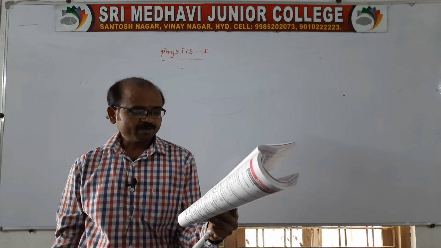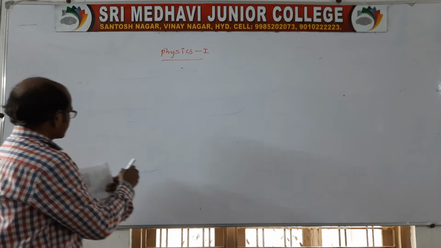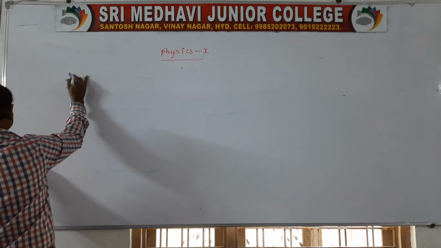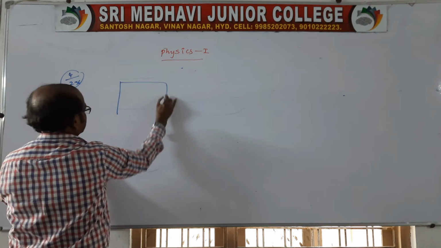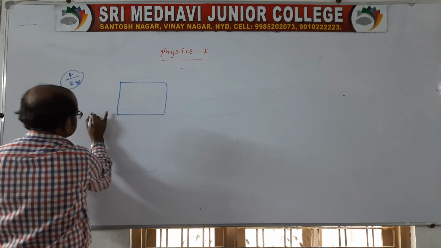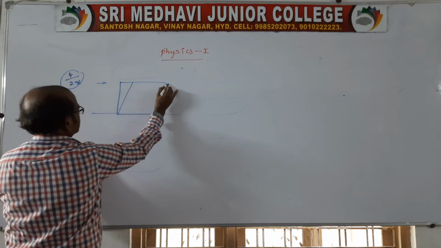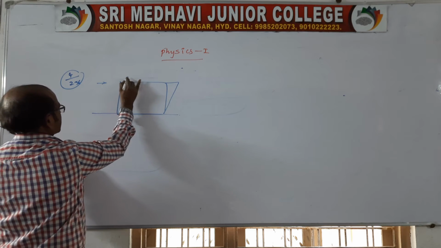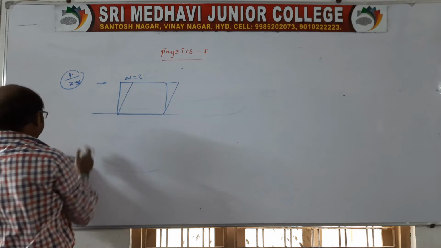How much will the upper edge be displaced? Here the question number is 4 and the page number is 256. The given data: there is a fixed area and a force applied. The upper layer will be displaced by delta L because of the force applied.